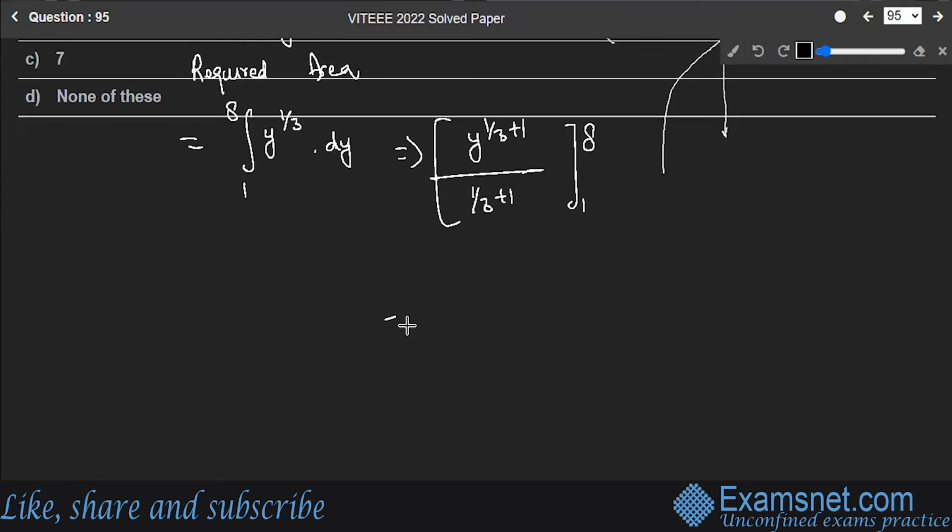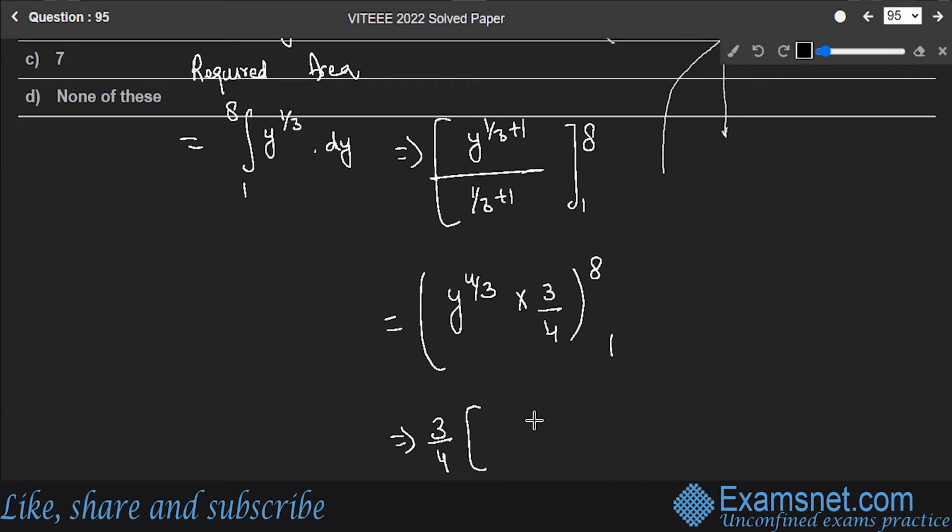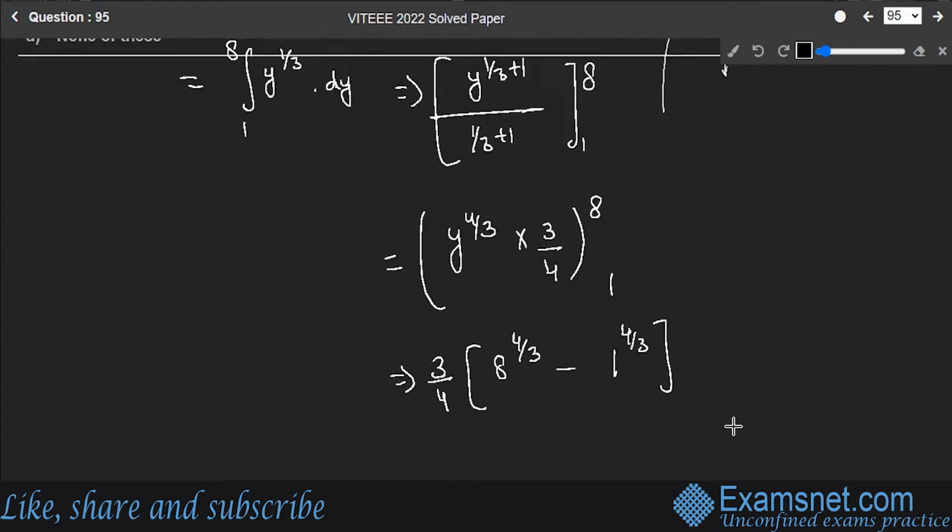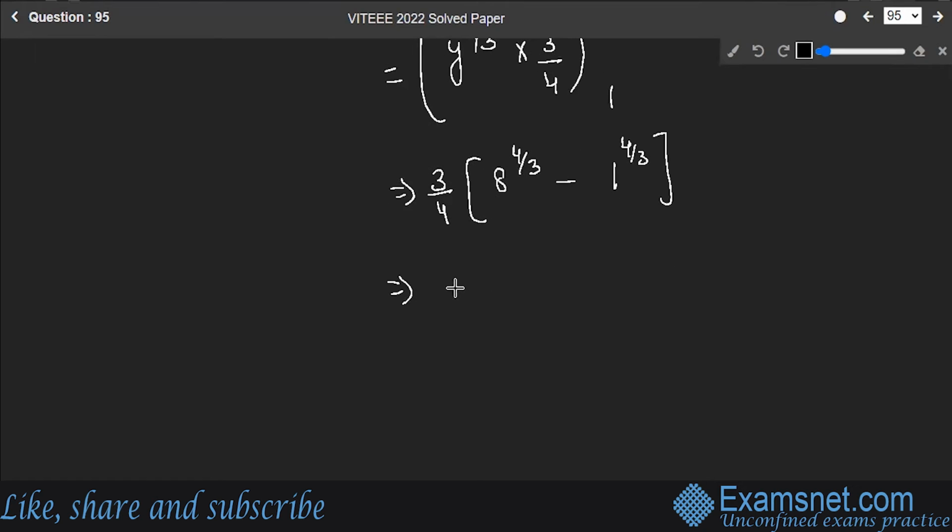So this is y raised to power 4 by 3 into 3 by 4. This 3 by 4 I'll take outside. So this is 8 raised to power 4 by 3 minus 1 raised to power 4 by 3. 8 can be written as 2 raised to power 3, so 2 raised to power 3 into 4 by 3 is 2 raised to power 4, that is equal to 16. 16 minus 1 is 15.